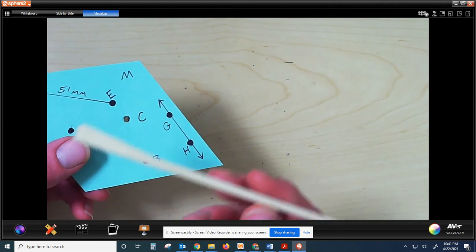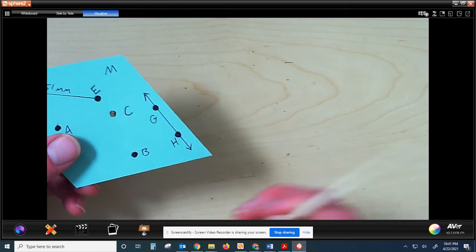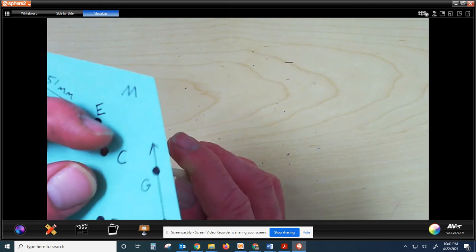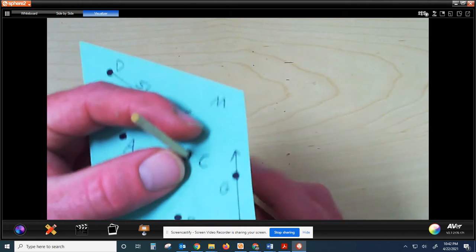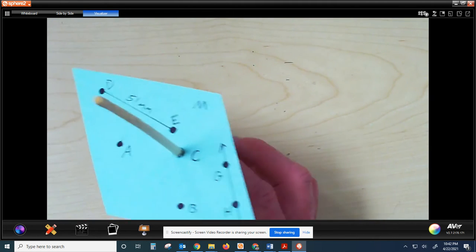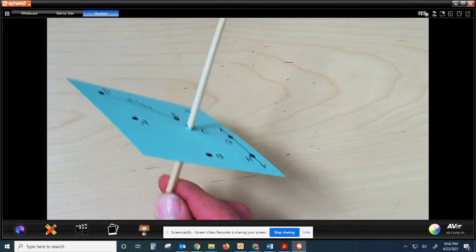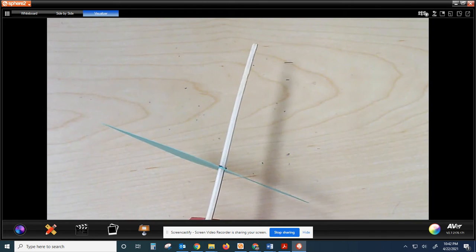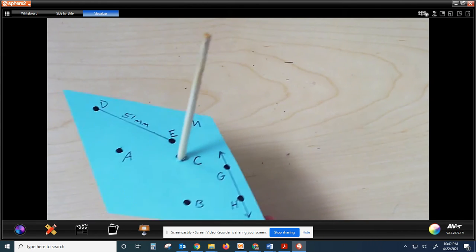I'm going to use this stick as another line segment, and you could have what they would call an intersection. Okay, so the stick has now intersected the plane at point C.